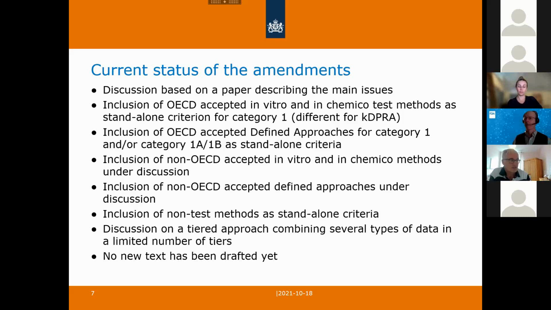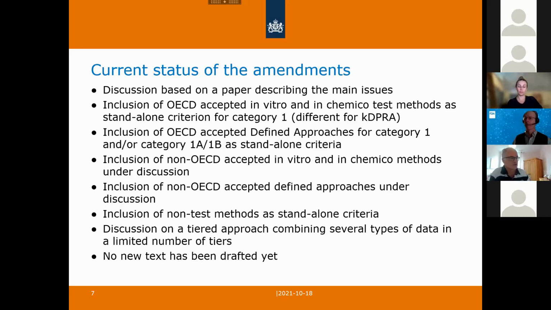Then, inclusion of the OECD accepted defined approaches for category 1 or 1A and 1B as standalone criteria. Inclusion of non-OECD accepted in vitro and chemical methods is still under discussion, and the same applies for non-OECD accepted defined approaches. Also, the non-test methods, so the read-across, can be introduced as standalone criterion.